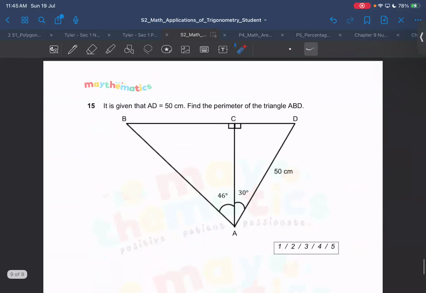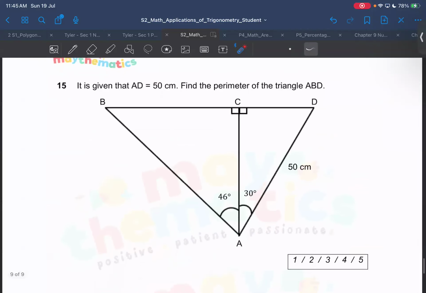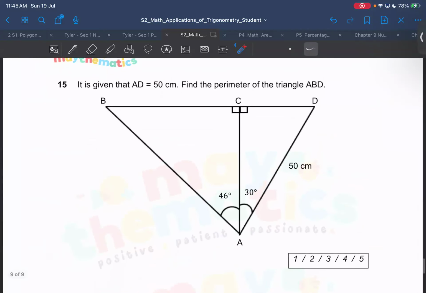Okay, so question 15. It is given that AD is 50. Then find the perimeter of the triangle ABD. So I want perimeter. I want to find this plus this plus this. So how? Come, your turn to tell me since we skipped so many questions already. What should be the first step? Last question already, try.